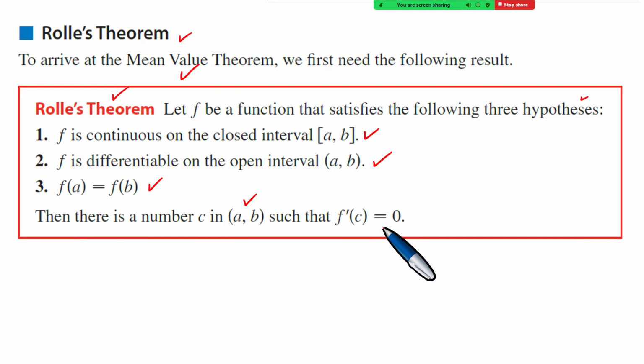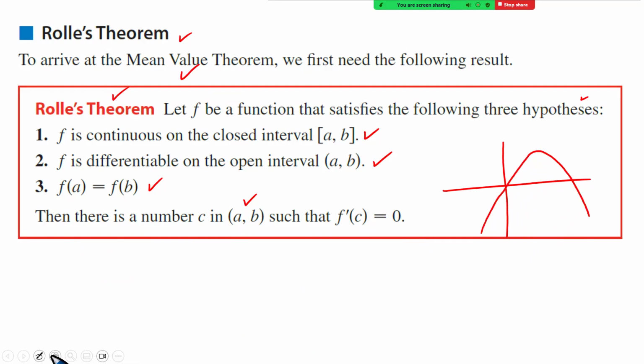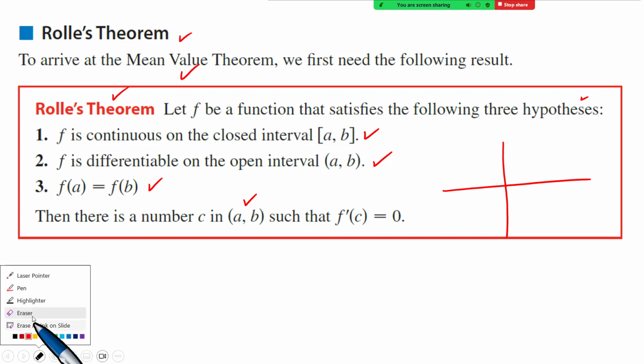This is a very interesting result. We shall look at its applications, but it is telling us something very profound. Here is a function, and we can draw a rough sketch of this function. This function here is a very interesting one.